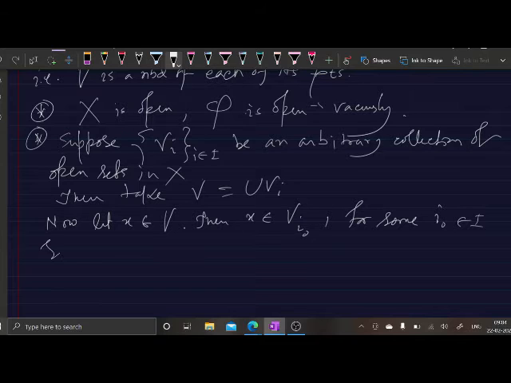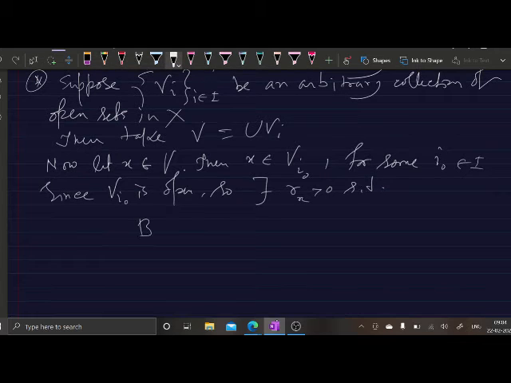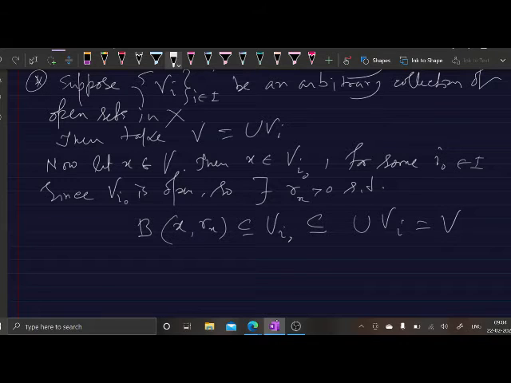Now since V_i0 is an open set, you can find a radius r_x greater than 0 so that B(x, r_x) is a subset of V_i0, and therefore it is a subset of the union of V_i, which is V. So this says that V is a neighborhood of each of its points, so therefore V is open.